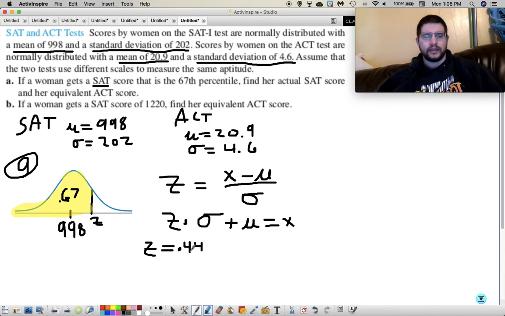Let's remember what the Z-score is again. Z-score is how many standard deviations away from the mean your value is. Oh, hey, look. Standard deviations away from the mean times standard deviations plus the mean. That's how we get our X value. That's how we get our actual SAT score, sorry. So we're going to do 0.44 times standard deviation was 202 plus the mean was 998.